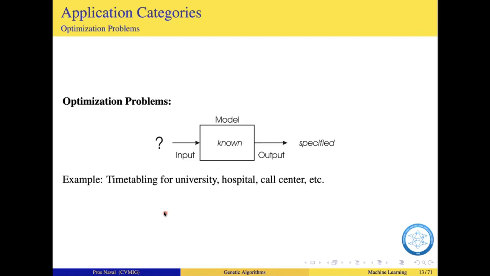The teachers will not be assigned to the same room. Second, that the teachers only teach one class at a time, because he or she cannot teach two subjects at the same time and at two different places.